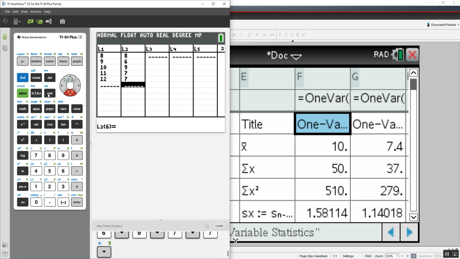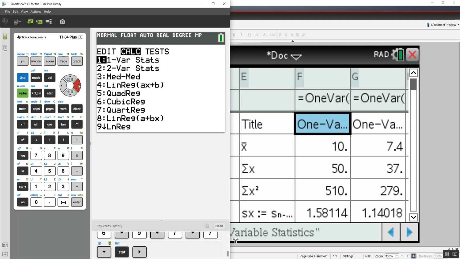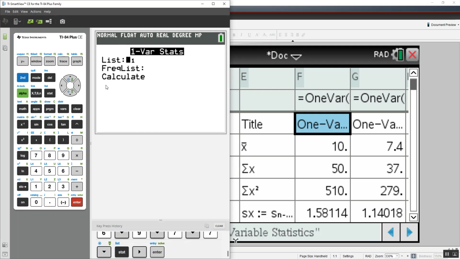Yep, Marco. And then stat, one var stats. We've got our frequency list, which is in L1. The frequency is in L2, so we put that in. Yep, so your frequency column is in L2, so you put that in.